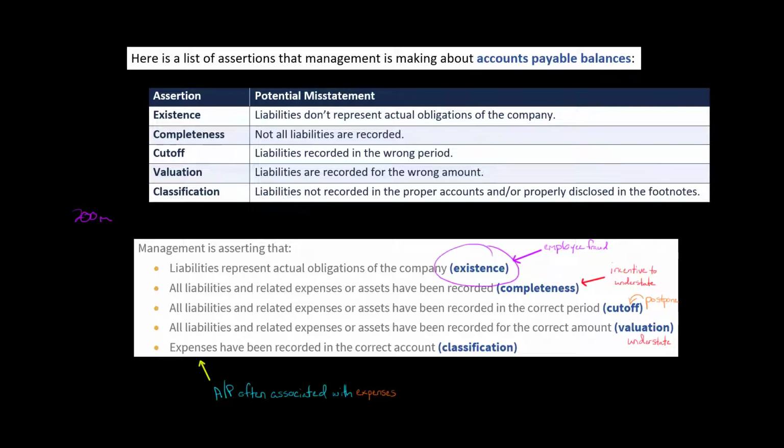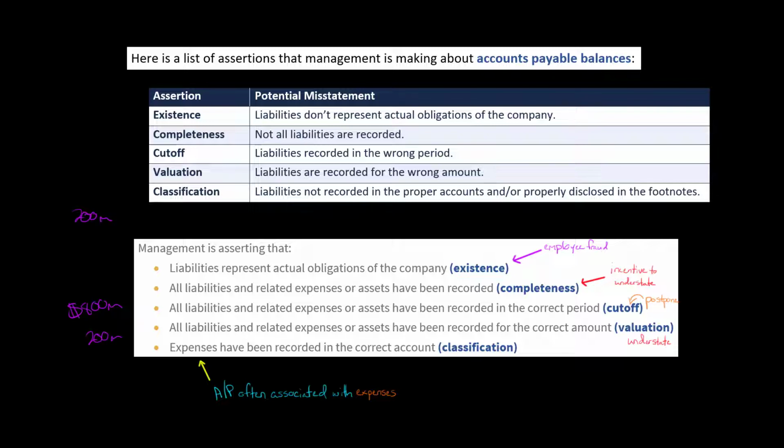The existence assertion is not quite as important because if you think about it conceptually, why would a company say they have more liabilities than what they actually have? Would they make up, for example, and say, you know what, actually, we have $800 million in accounts payable, and in reality, they only have $200 million?